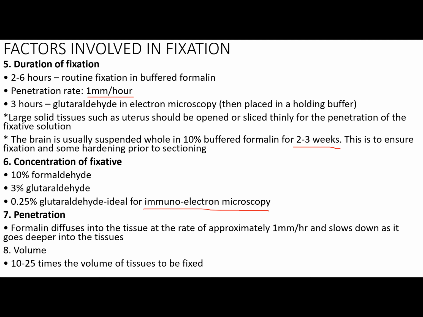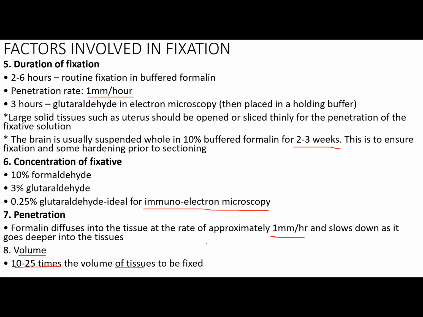Then penetration is also one thing you need to consider. As I said earlier, for formalin, the penetration, its entry into the tissue, is set at 1 millimeter per hour. Then volume, class: how much fixative do you need? It should be 10 to 25 times the volume of the tissue.